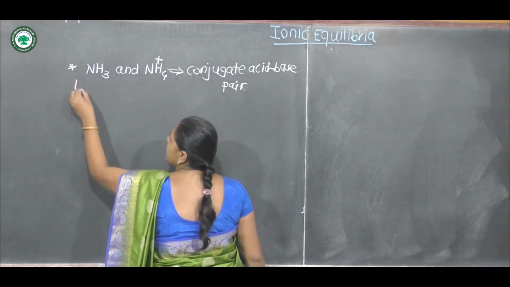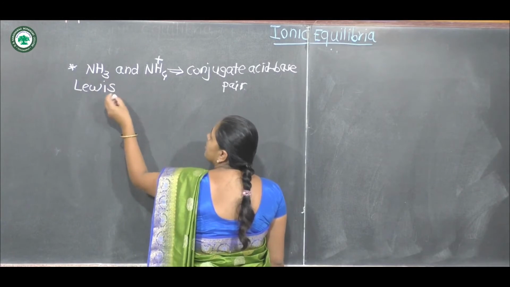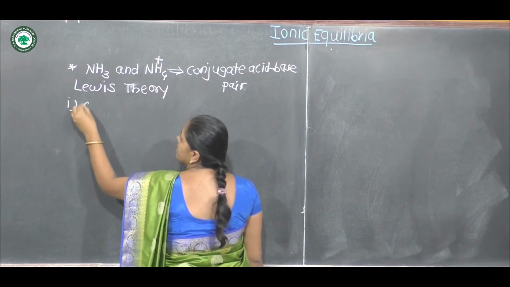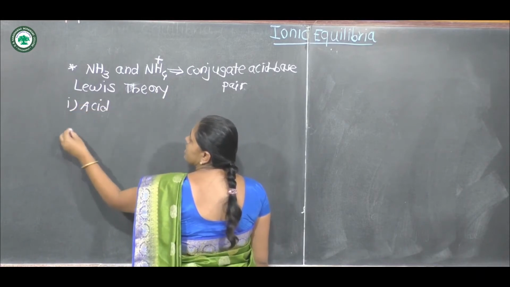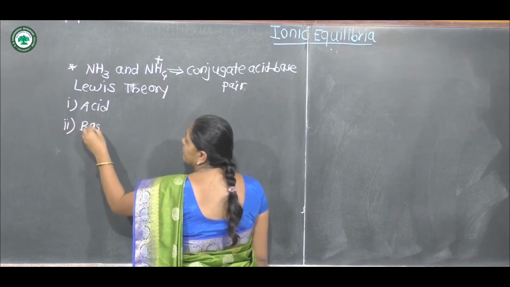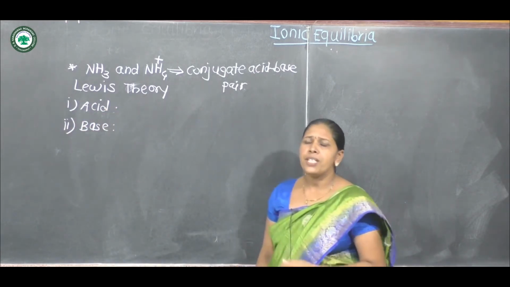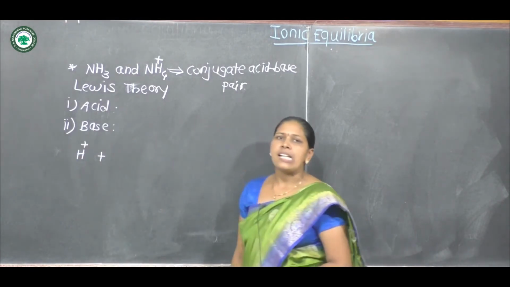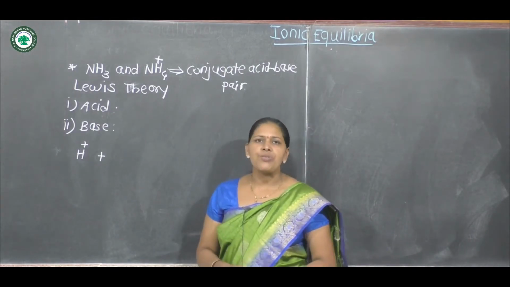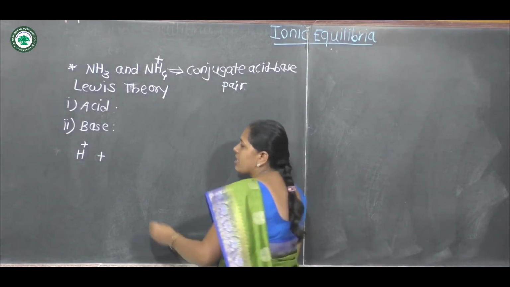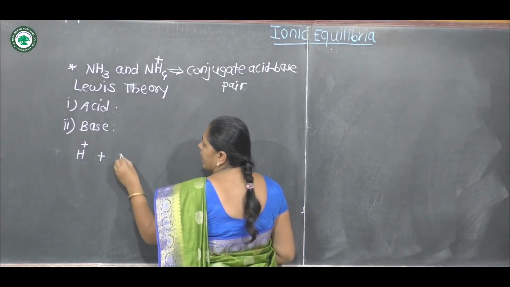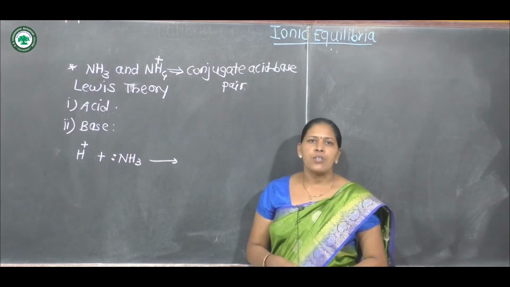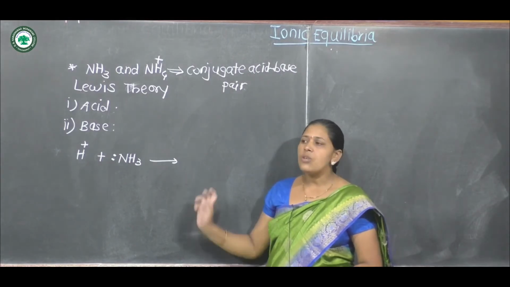Next, the third theory is Lewis's theory. First is acid and second is base. For example, H plus, obviously it is an electrophile because it has a positive charge, therefore it is electron deficient. And NH3, we know that there is one electron pair present on nitrogen, therefore it is electron rich and it is a nucleophile.